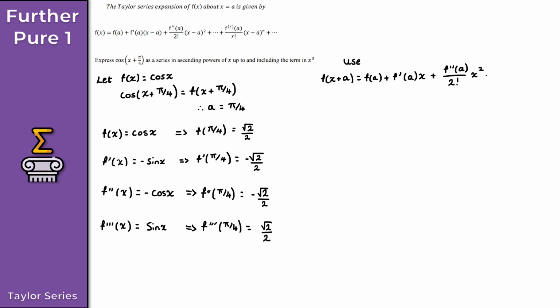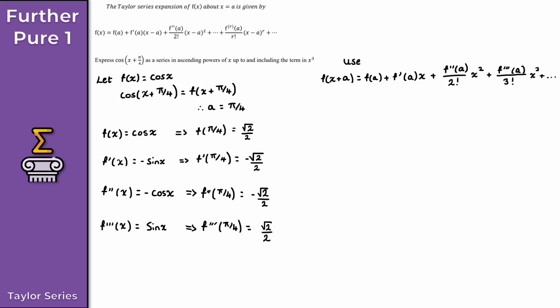And then finally here, we will have f prime prime prime of a all over 3 factorial times x cubed. And of course, this just keeps going on and on.